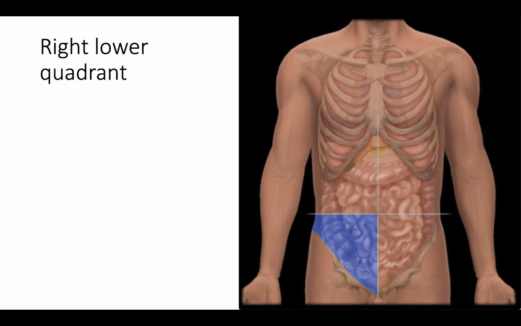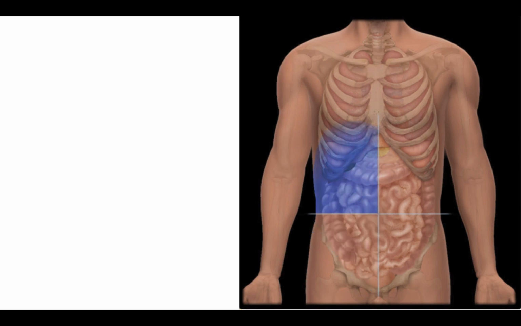This is their right lower quadrant, and one of the structures in the right lower quadrant is the appendix. So when a person complains of right lower quadrant pain, it could be appendicitis. And then this is the right upper quadrant, and the right upper quadrant is where the gallbladder is. So people might complain of right upper quadrant pain when they have something going on with their gallbladder.